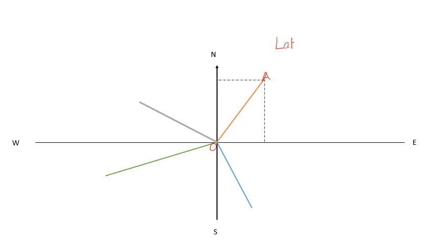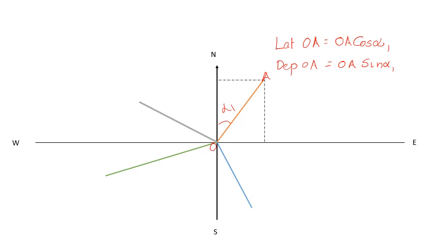Latitude of OA is equal to the length of the line OA, and suppose this angle is alpha 1, then latitude will be OA cos alpha 1. Departure of line OA will be equal to the length of line OA sine alpha 1. With proper signs.